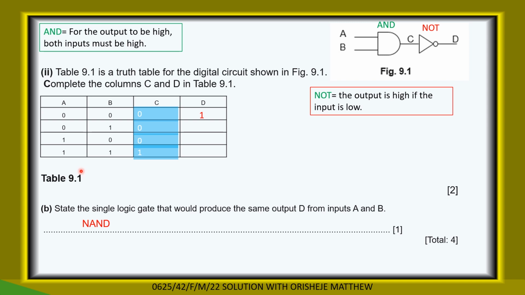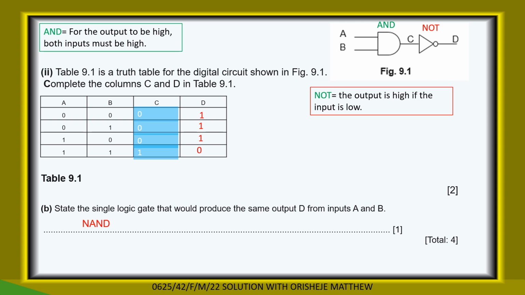Then the second one, C is low, then D will not be low, so 1. Then the next one, C is also low, then D will not be low. Then C is high, NOT gate, so D will not be high, so it will be low.